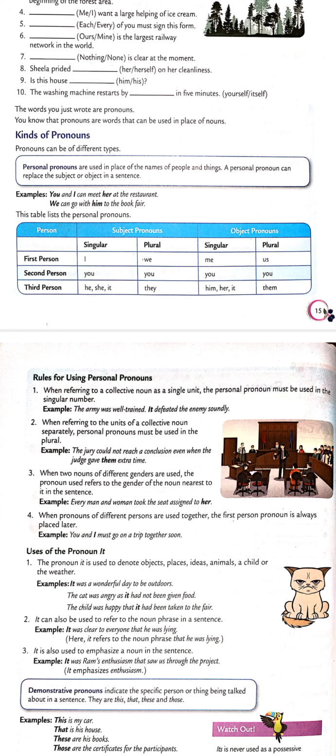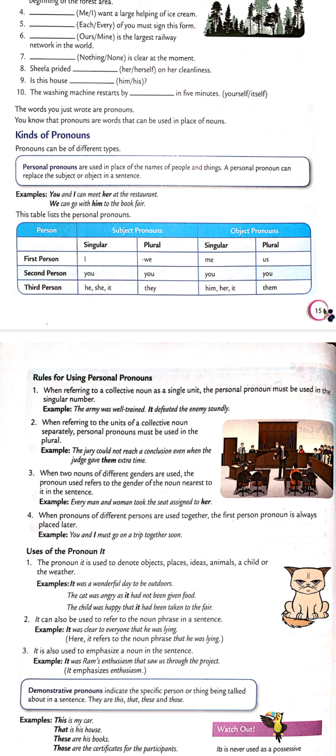So, when pronouns of different persons are used, you can see in the example, you and I must go on a trip together soon. So, what is here? You is what kind of pronoun? Second person pronoun.